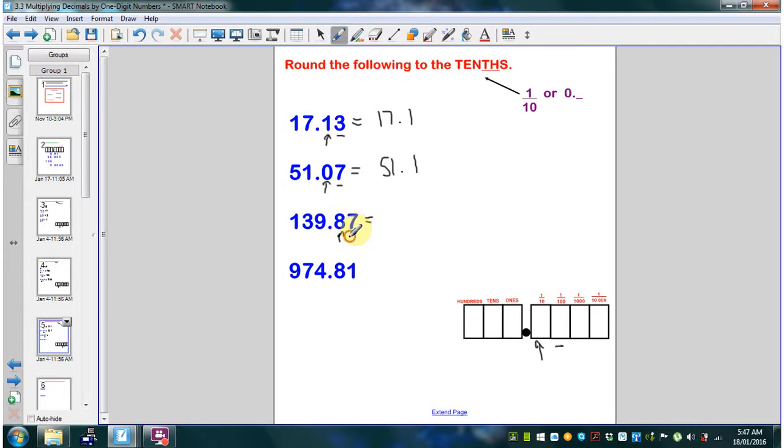We have to check it. We have a 7 behind it. So we know that this is going to round up. So this becomes 139.9. This one here, got the 1 behind it, so this is going to round down to 8.